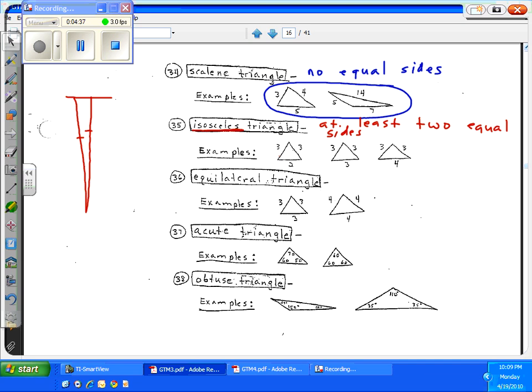Normally, when we think of an isosceles triangle, we think of a triangle with 2 equal sides. In an isosceles triangle, the 2 equal sides are called the legs, and the third side is called the base. It could be, though, that all three sides are equal because the definition says at least.